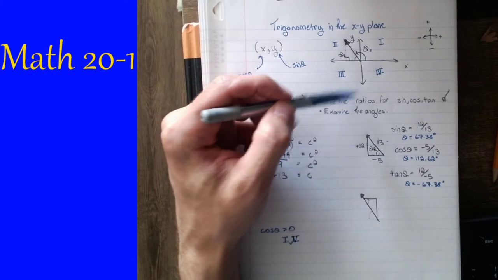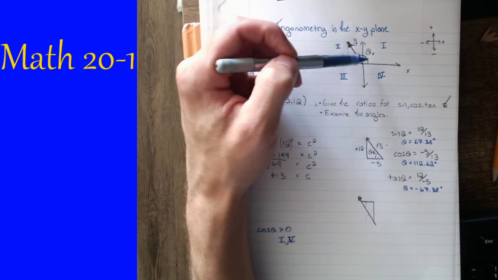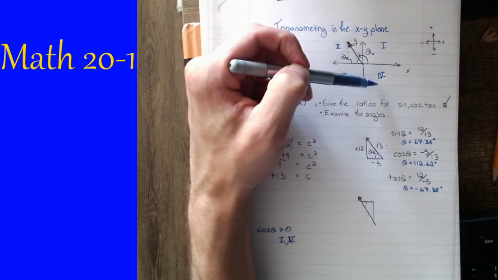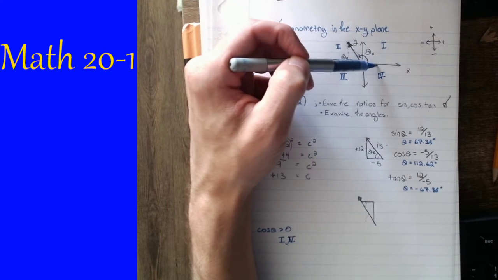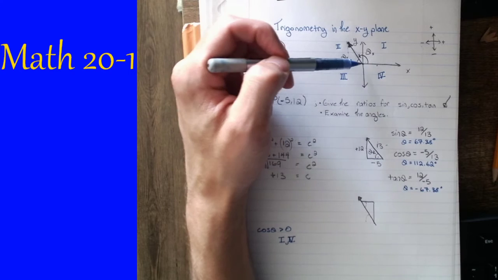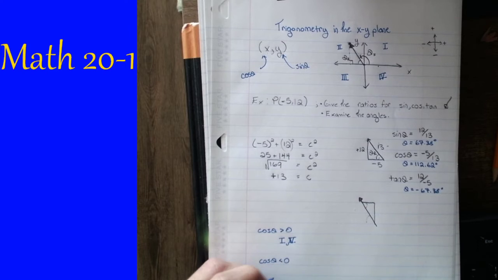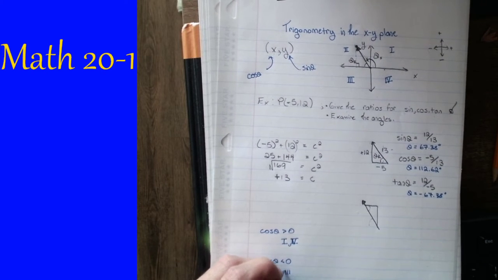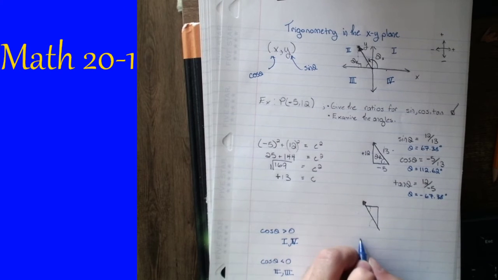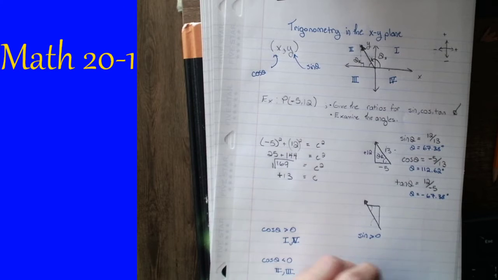So here is where cosine is positive, because if you ever end up with the terminal arm in either one of these quadrants, you're going to have gone over to the right positively. Okay, so then cosine is also negative in quadrants 2 and 3.